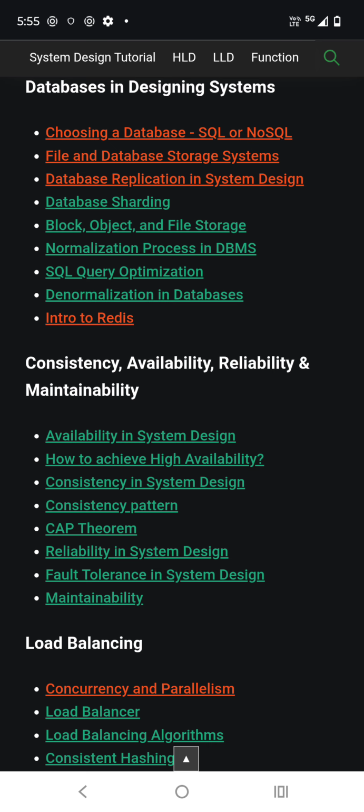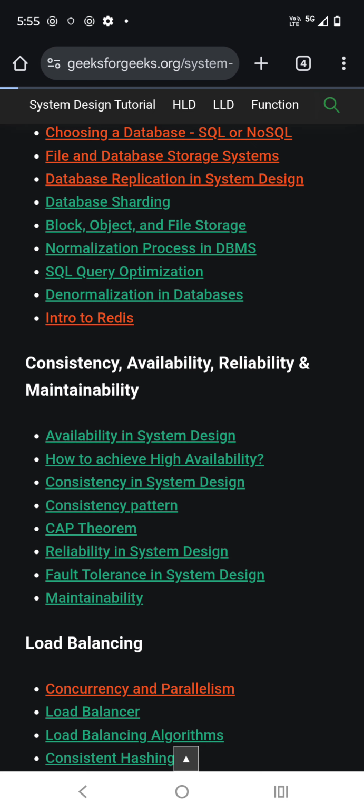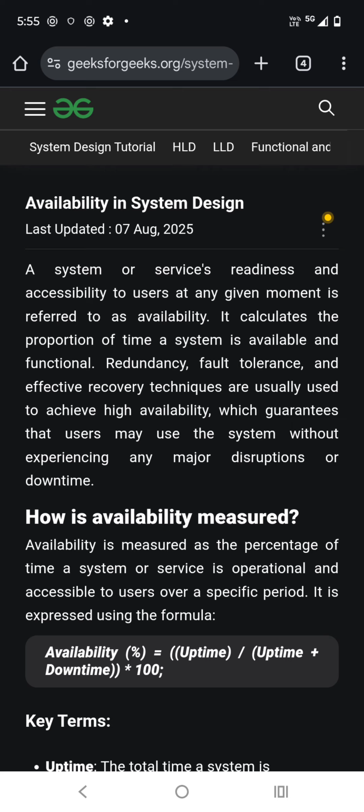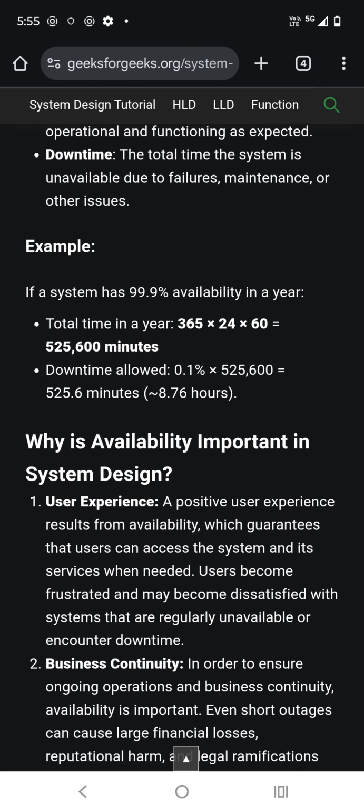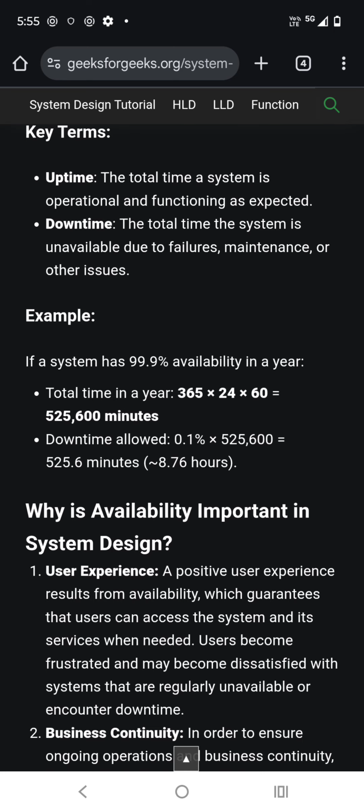And we discussed availability in system design. I told you how available the system is. How to achieve availability, we will discuss. Generally, availability means the guarantee of a system.